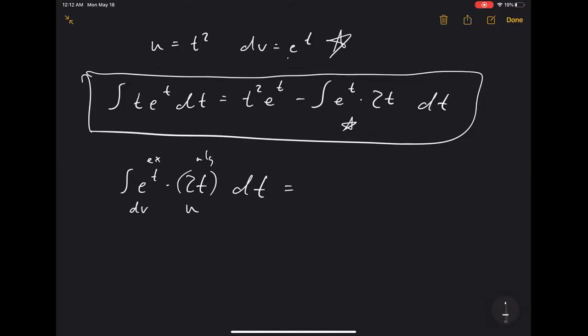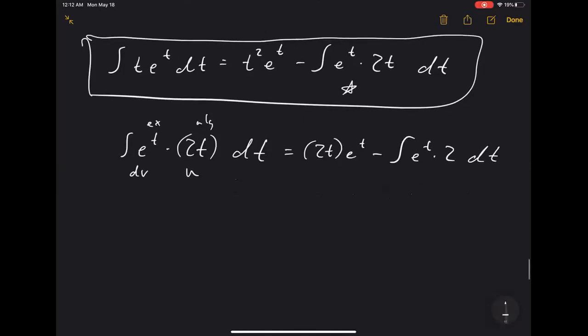Then integration by parts for this integral gives me, all right, 2t e to the t minus integral e to the t times 2. All right. And then now I can solve this integral, right?